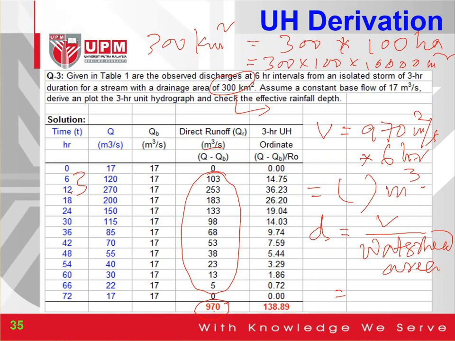So now we have a V. Now we have a watershed area. So this is the meter cube, and this is meter square. So we can get the meter. Then convert to centimeter, or convert to millimeter.